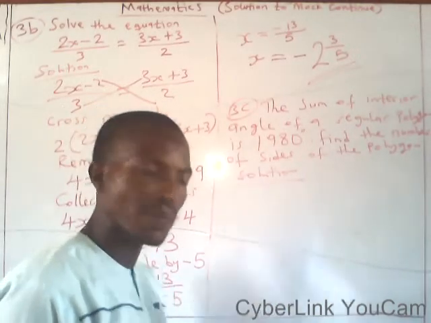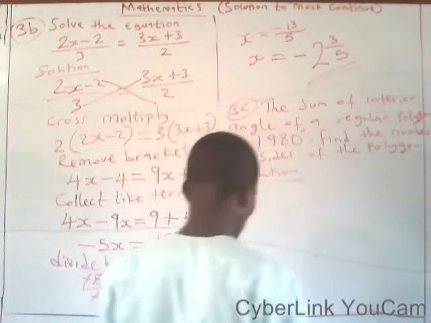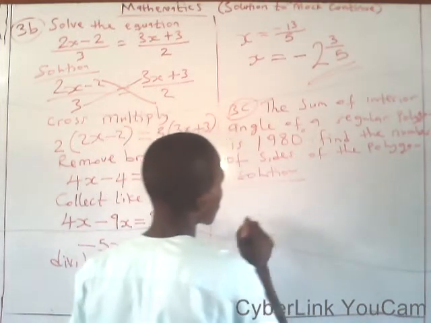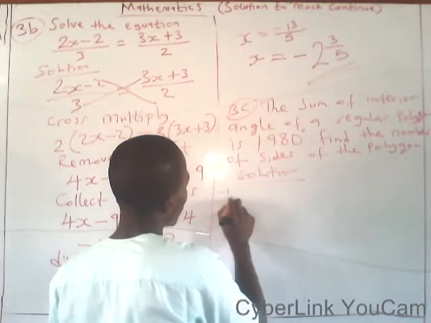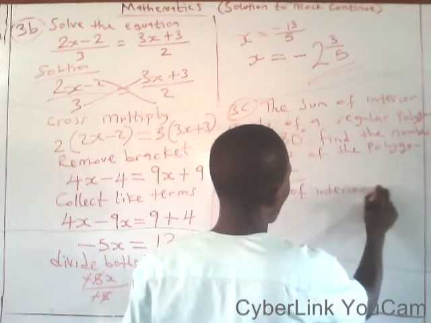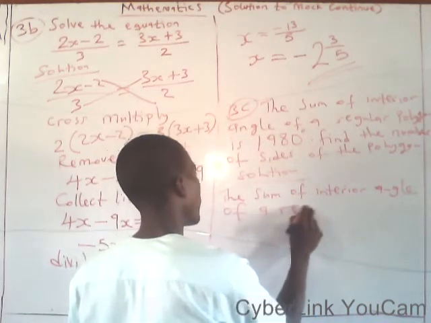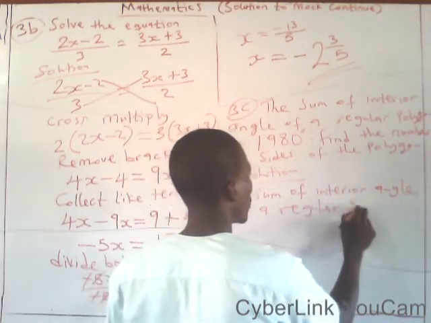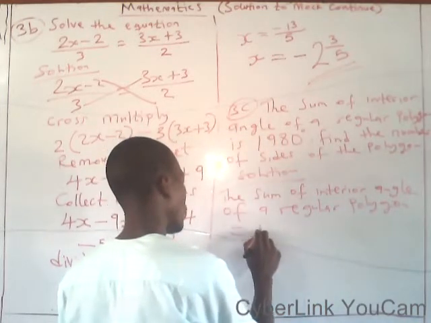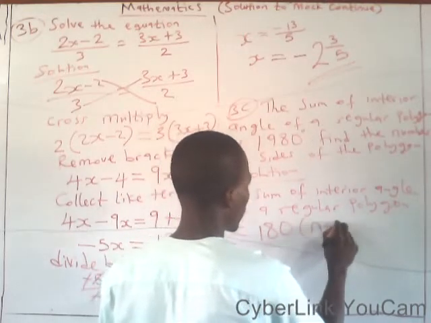The sum of interior angles of a regular polygon is equal to 180 into bracket n minus 2.